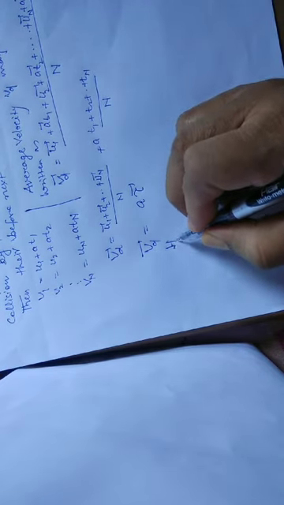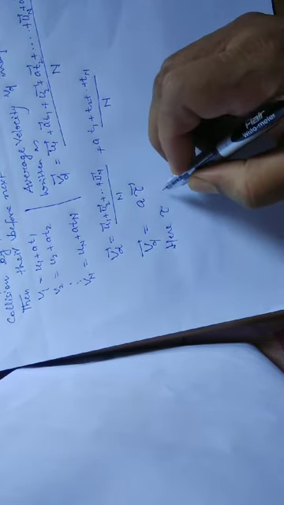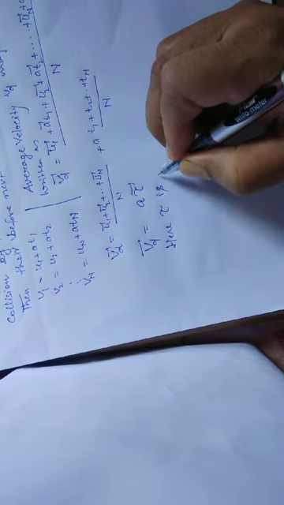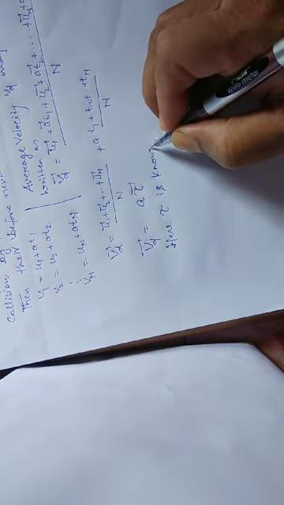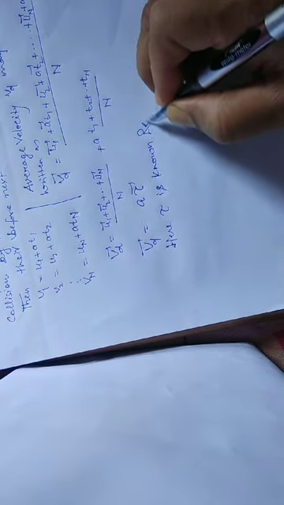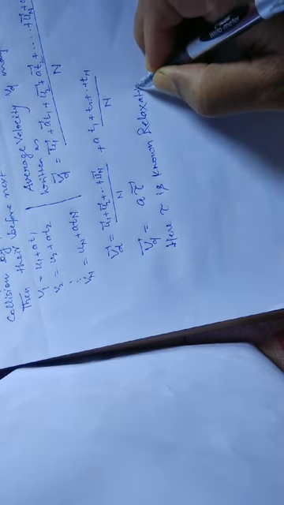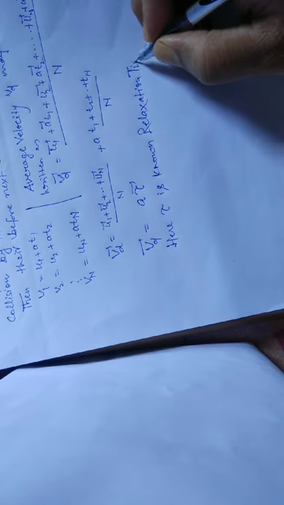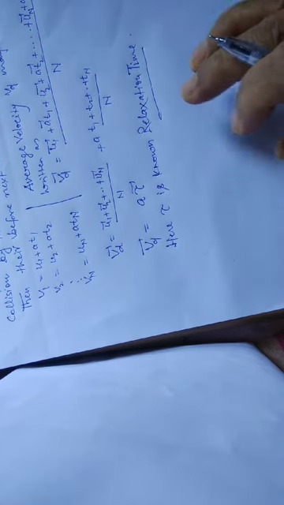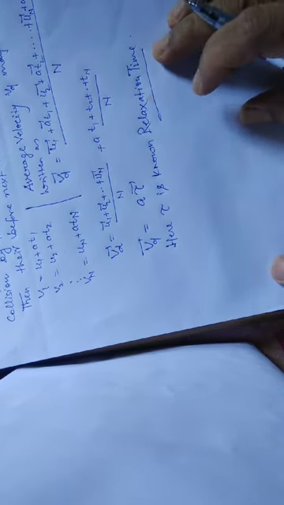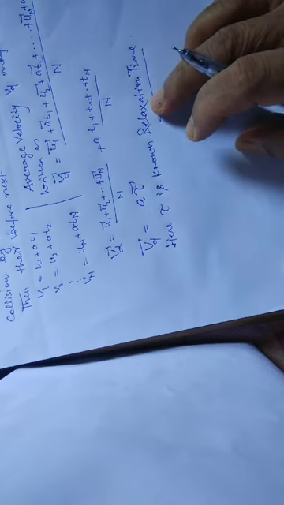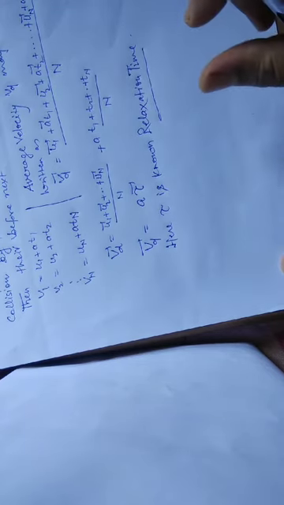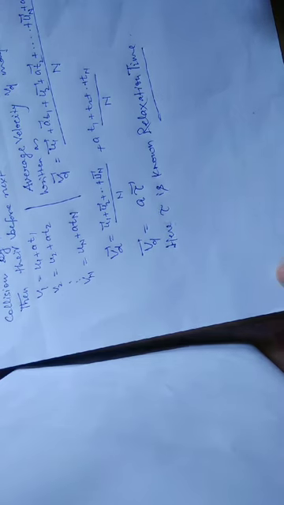Here tau is known as relaxation time, which may be defined as the average time elapsed between two successive collisions.